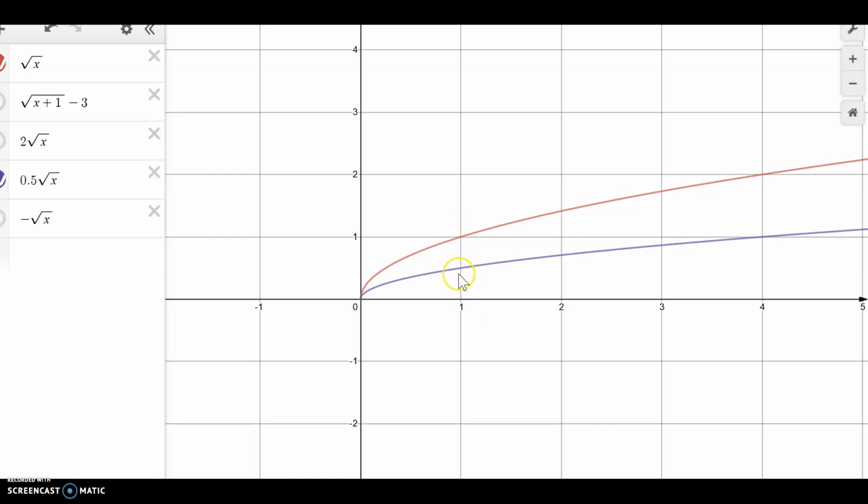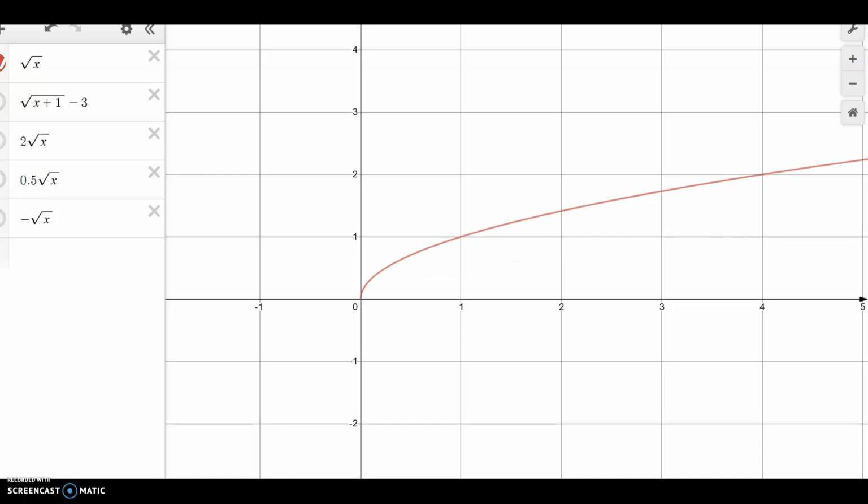This is 1 and 0.5. Our 4, 2 is now 4, 1. So what's happening if you have this 0.5 square root of x? Yes, the y values have been multiplied by 0.5, or you have taken the half of all the y values of the parent function. So that's this kind of thing.